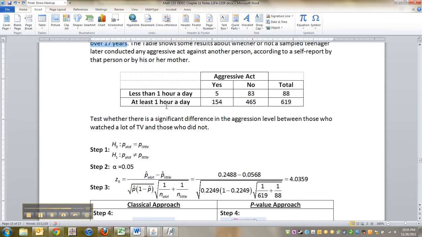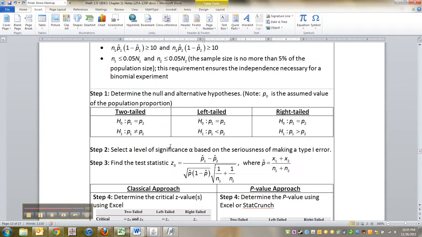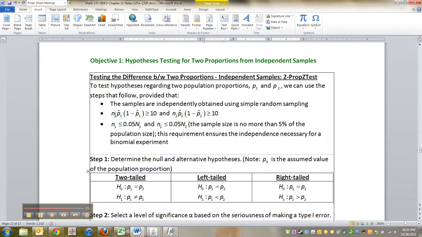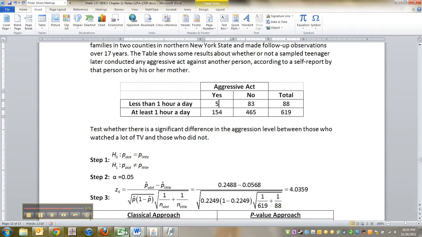Another problem that we ran into, and I didn't really talk about it, was that you're supposed to have right here, n1 times p1 times 1 minus p1 is supposed to be greater than 10. That's actually not the case in this particular example. I can show it to you right here.